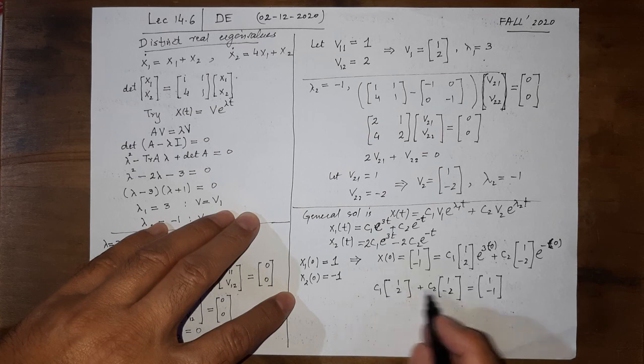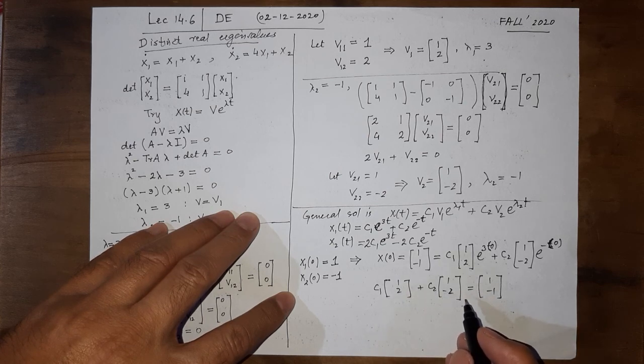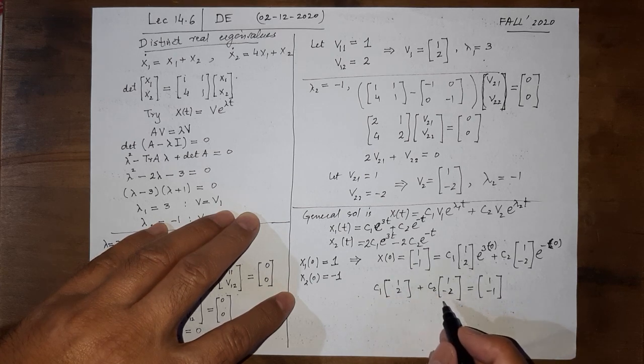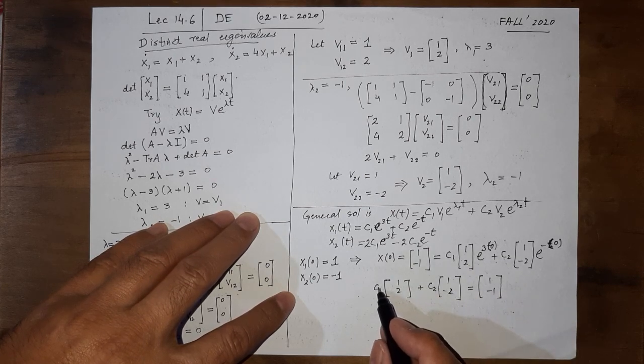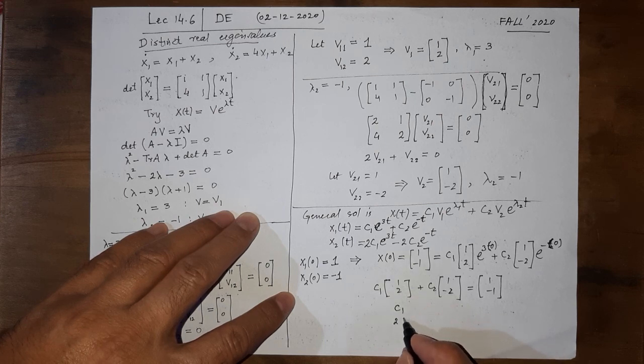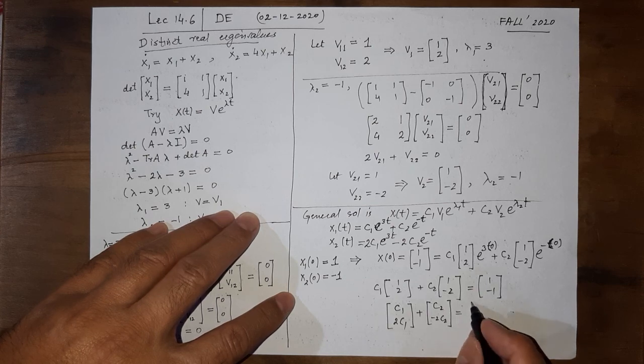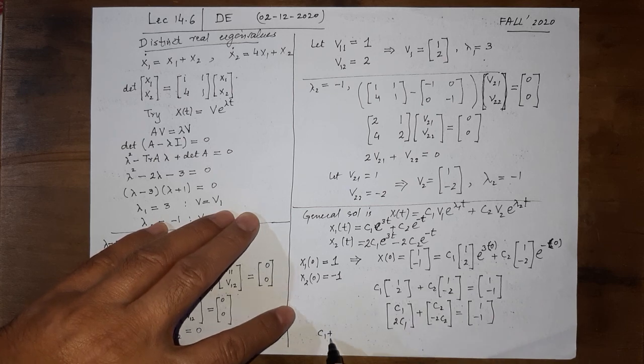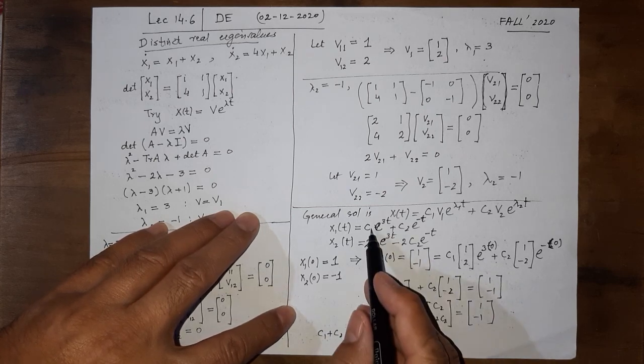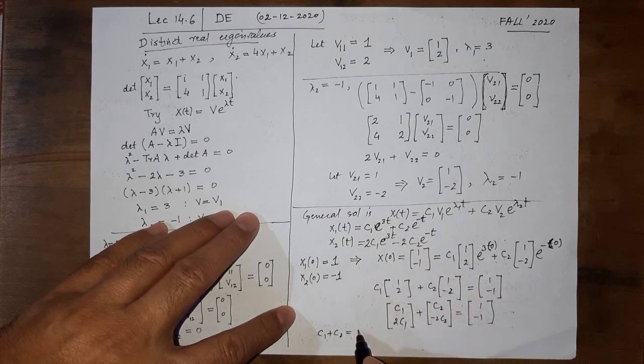And we can easily see that we are going to get two equations here. So let us get the direct values. c1 multiplied by 1 gives c1 and 2c1, plus c2 and minus 2c2 is equal to (1, minus 1). So we get c1 plus c2 is equal to 1.